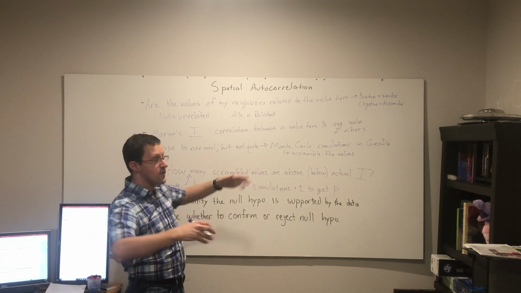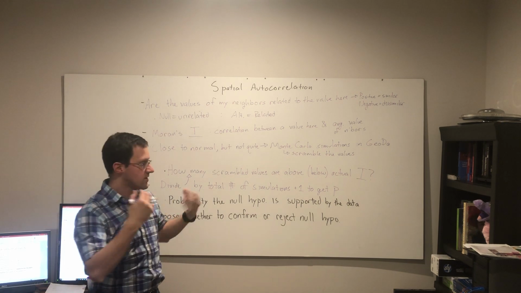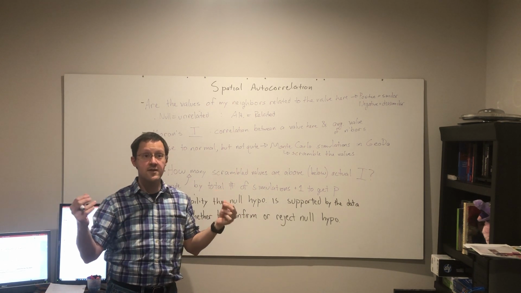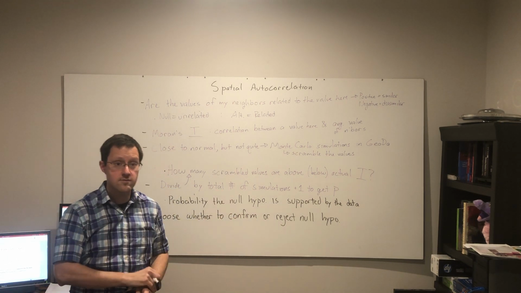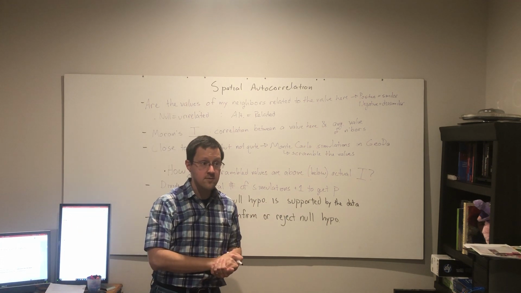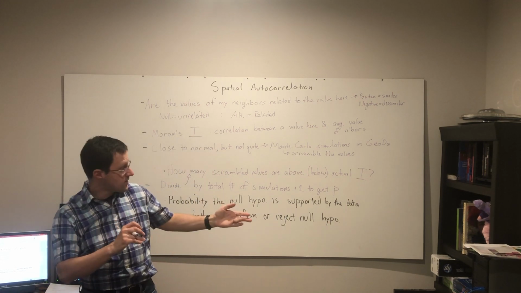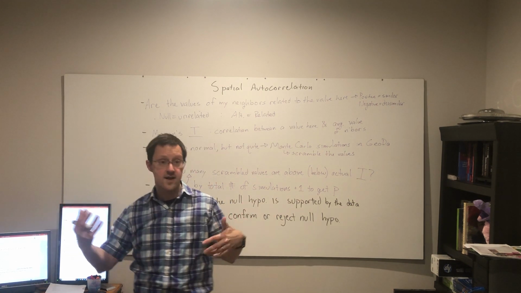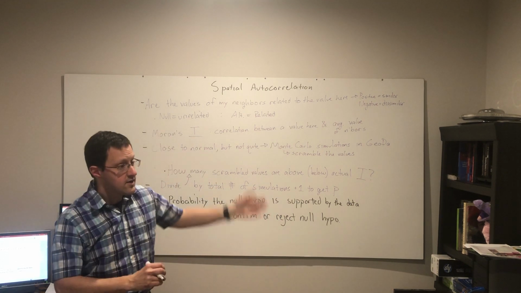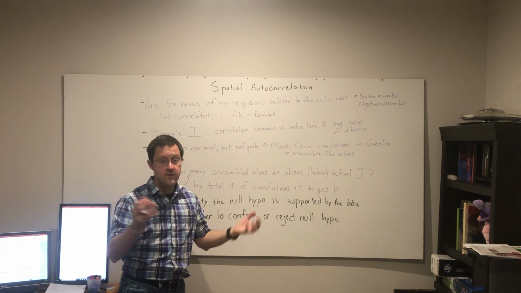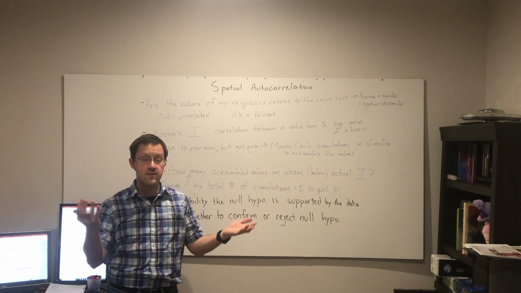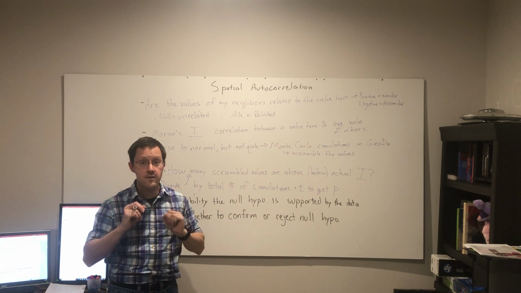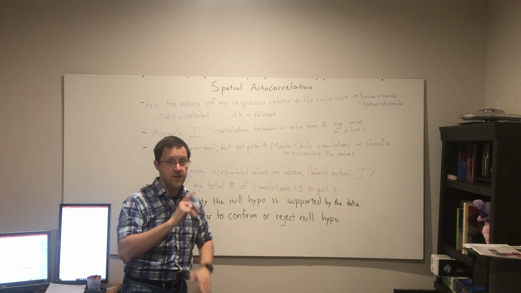So it's saying, okay, I found 5 out of the 999 exceed the actual value. 999 plus 1 gives me 1,000. That's why it's 999 instead of 1,000 to begin with. 5 over 1,000, 0.005. That would then, therefore, be my p-value for this test.